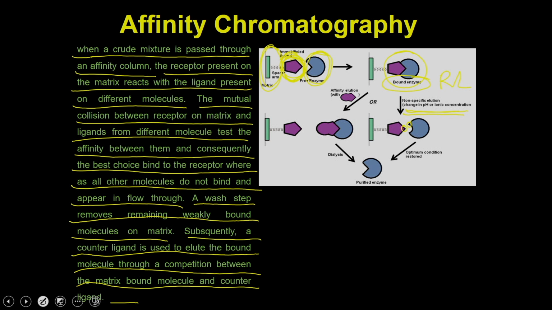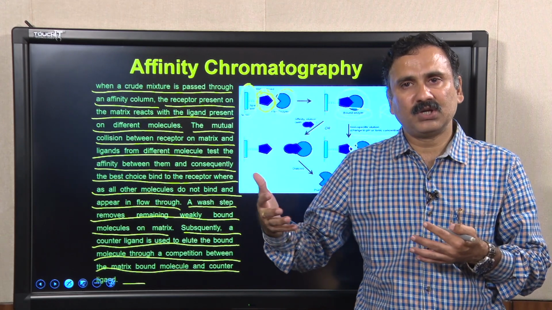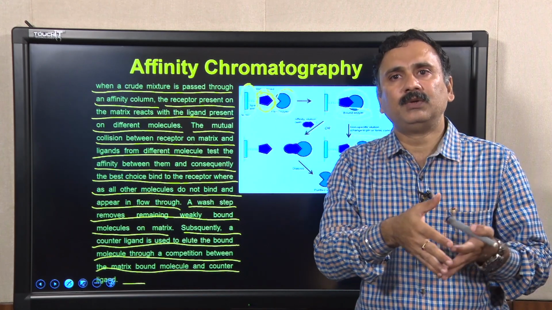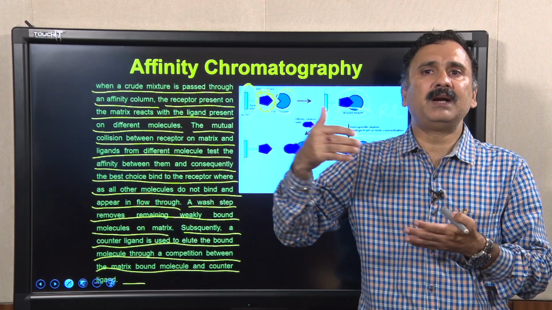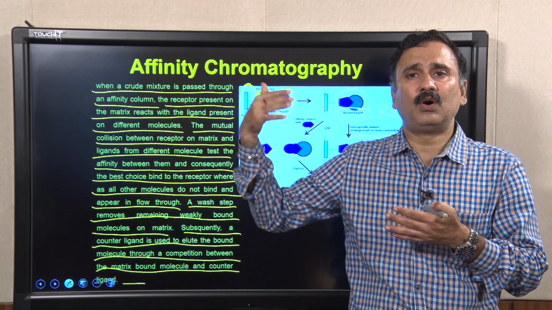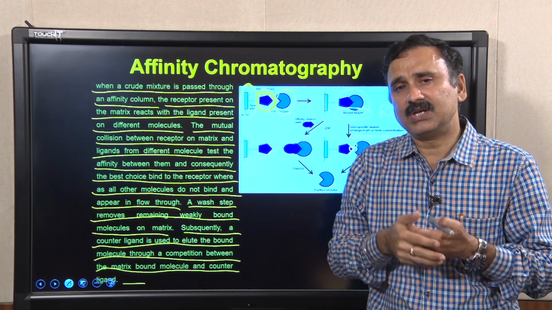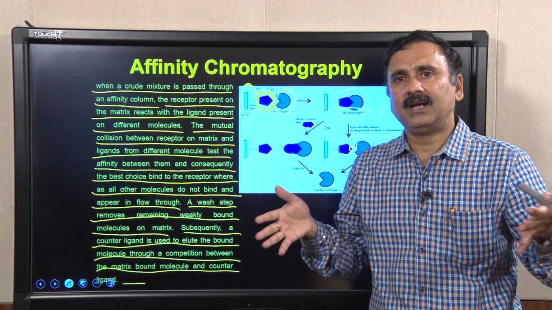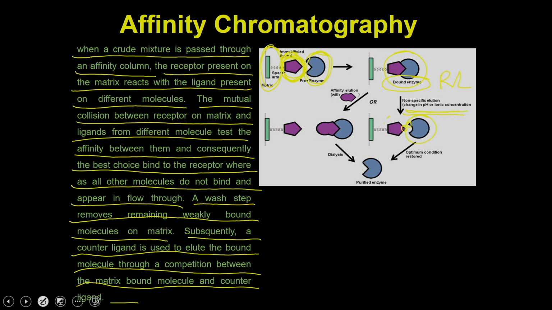If you change the pH, for example, you may bring the aspartate from the ionized form into the non-ionized, neutral form, and because of that the aspartate may not be able to interact with the other residues present on the ligand. As a result it has a weaker interaction, and ultimately it may break the complex apart, and that is how you can elute the enzyme from the matrix-bound ligand.